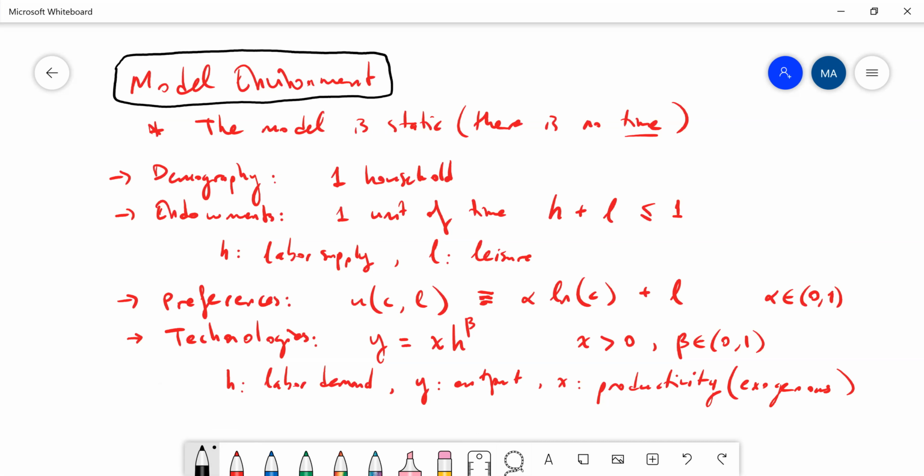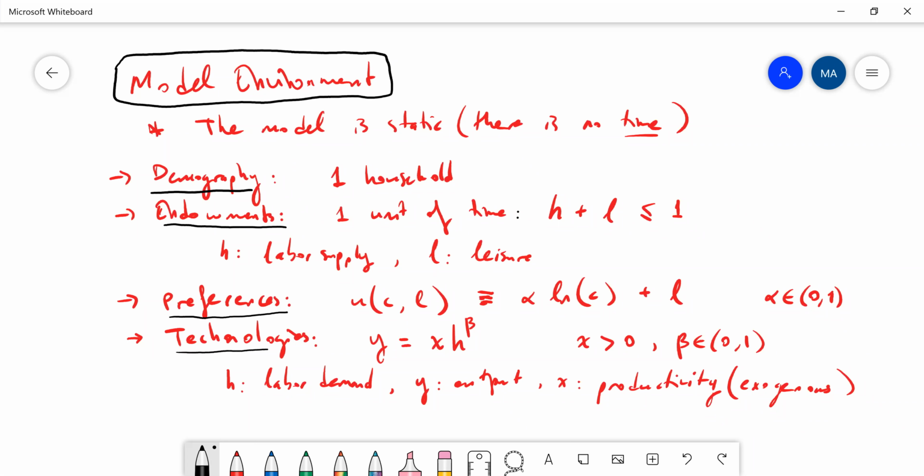Again, let me double check one thing. Yep. So I have the demographic structure, only one household. This household has only 1 unit of time. This time input has 2 uses, labor supply and leisure. Then we have the preferences for this household. The utility function depends on consumption and leisure.